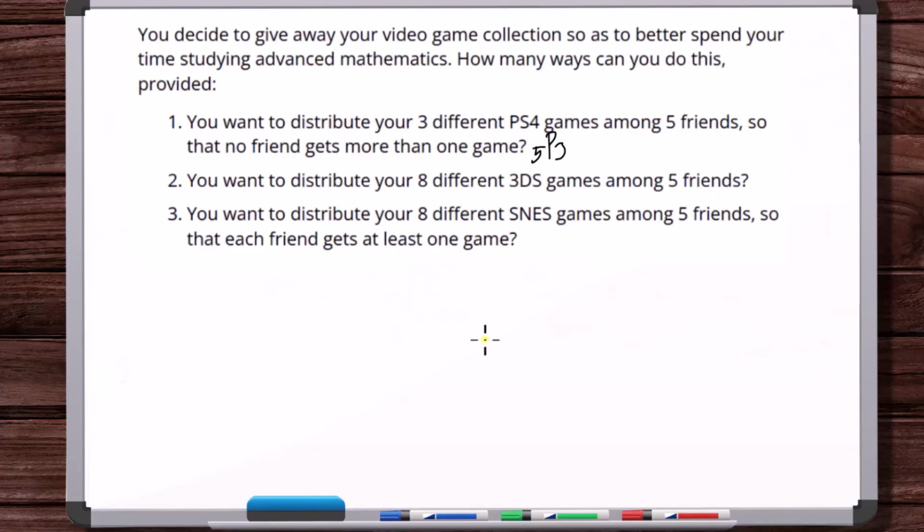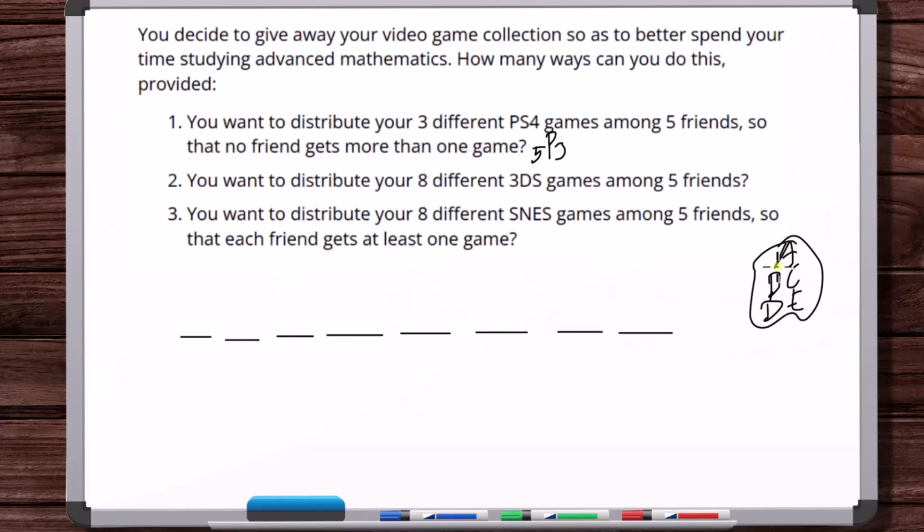So, all right. What do we have here? Can we say that we've got the 5 friends and the 8 games? Would that work?